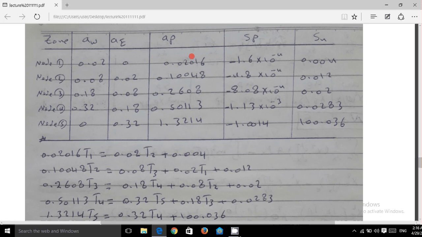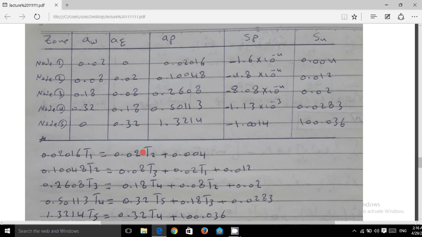The A point refers to the node point, mean A point, mean T1, 0.02016 T1. It is equal to the east. What is the node that is at the west side of node 1?